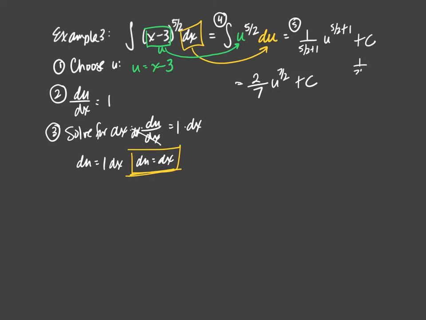Okay, 1 divided by 7/2 is 1 times 2/7. And last but not least, we substitute back again. 2/7, u gets replaced with x minus 3 to the 7/2 plus c.